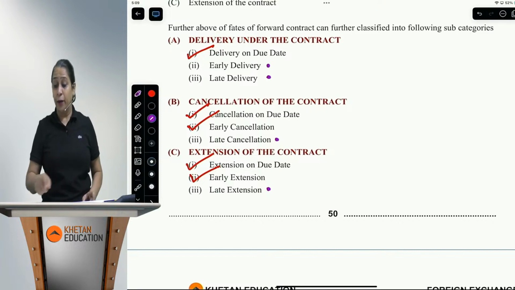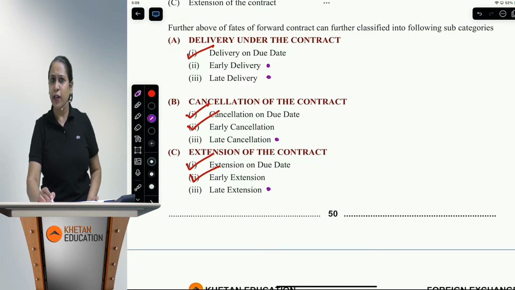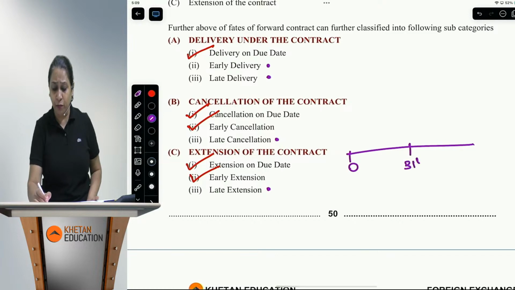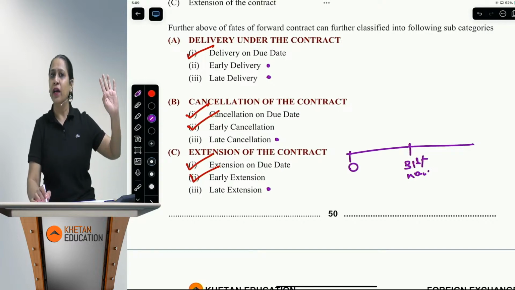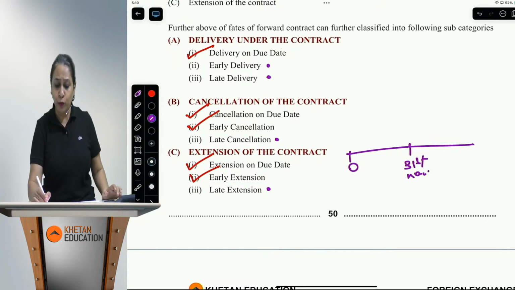These are the complications that can happen in these situations: early delivery, late cancellation, late extension. Now, when I say late, there are a few things you must know. Suppose I draw a timeline, and this is 1st of January, then this is 31st of March. The FEDAI rules, of the Foreign Exchange Dealers Association of India, say you are allowed to not convey whether you are coming, cancelling, extending, whatever, for up to 3 days.